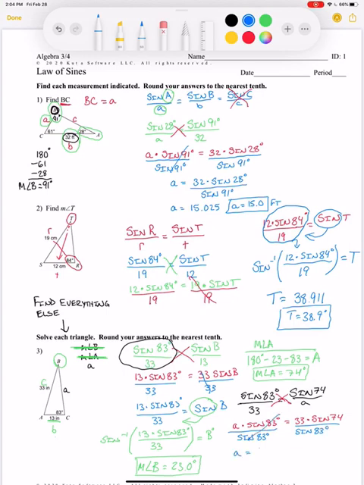And A equals 33 times the sine of 74 divided by the sine of 83.